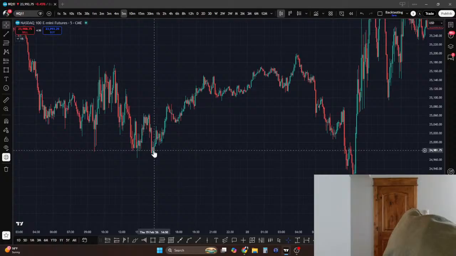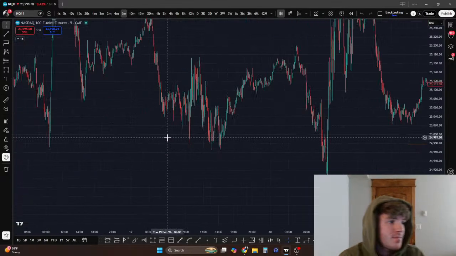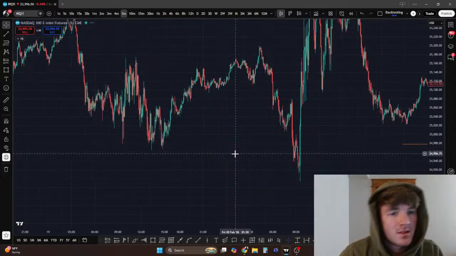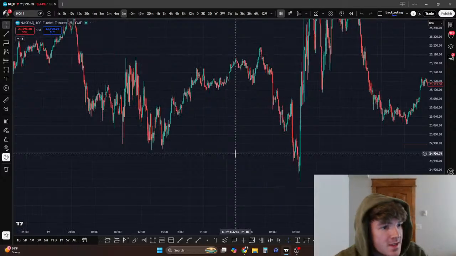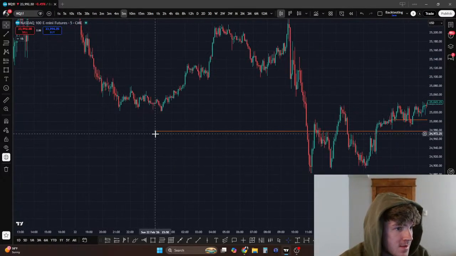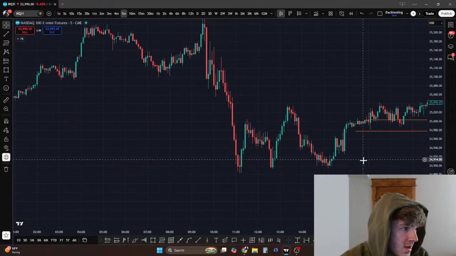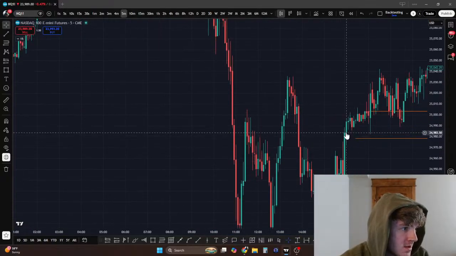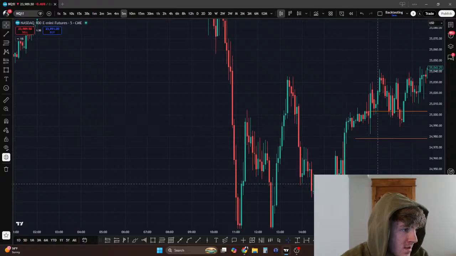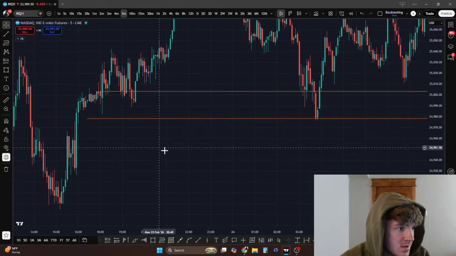Maybe it's supposed to be over here. You guys see why I'm confused? It's like the daily chart says that it's supposed to be here, but 16 o'clock closure is right there. So slightly different.